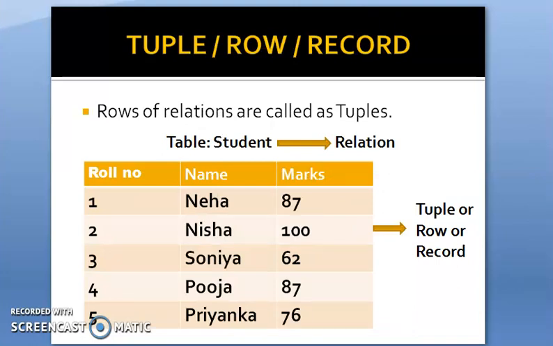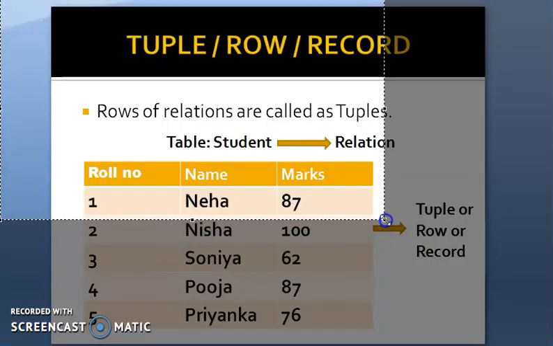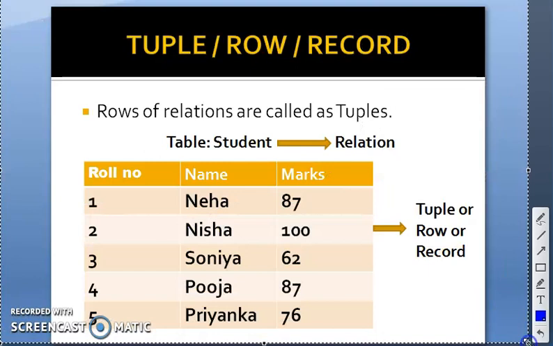And the next topic is a tuple, row or a record. So what is meant by tuple, row or a record? The tuple is nothing but a row. I already taught you that a row is also called a record. I have already said in the previous slide, a row is also called a record.